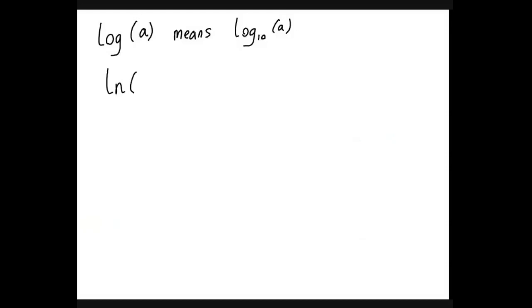So ln of a means log to the base e of a, where e is approximately equal to 2.718 something.